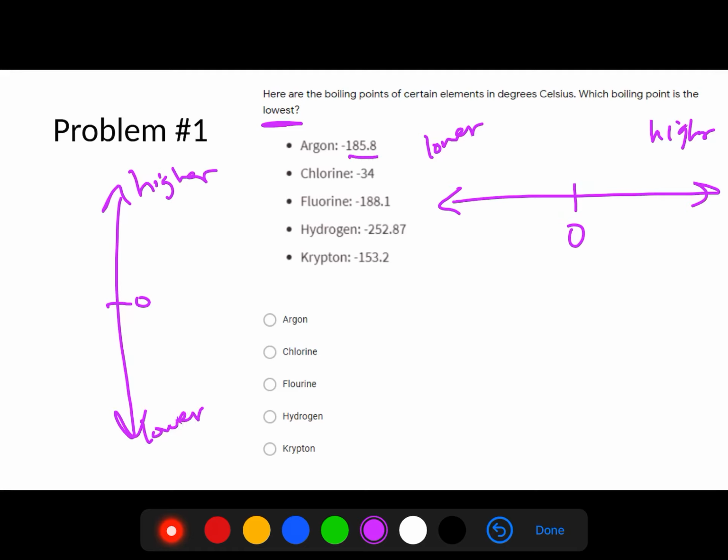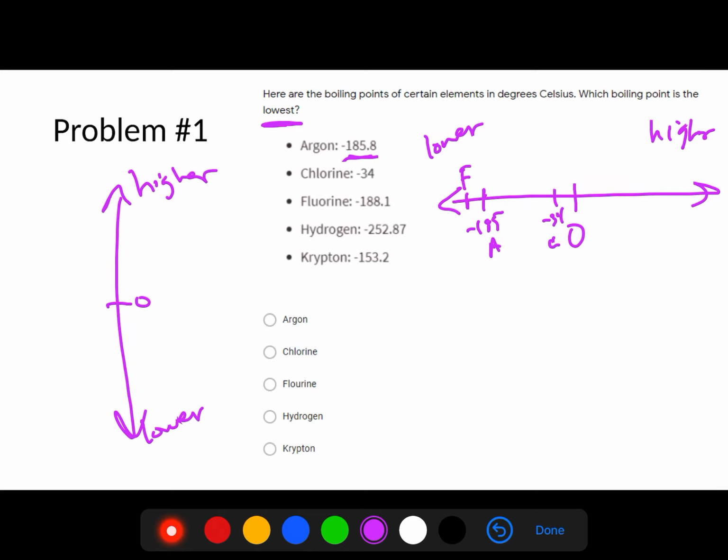So if you're looking at these numbers, negative 185 is on this side. So somewhere around here will be negative 185. That's argon. Chlorine, negative 34, somewhere around here. That's chlorine. Negative 188 is smaller than negative 185, so this is fluorine.